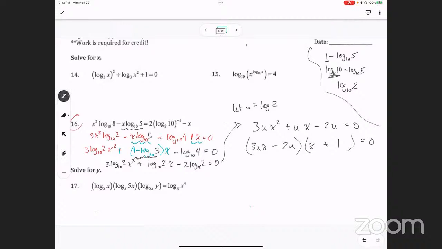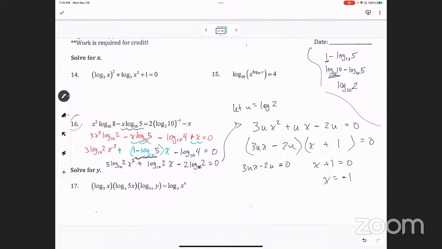And now I can see where this is going to go. So what I have is 3ux minus 2u equals 0, or x plus 1 equals 0, by the zero product property. So either x equals negative 1, and I'm looking back at the original, and that is okay, because x is not inside the log. That doesn't cause me a problem to make it negative, like sometimes it does.